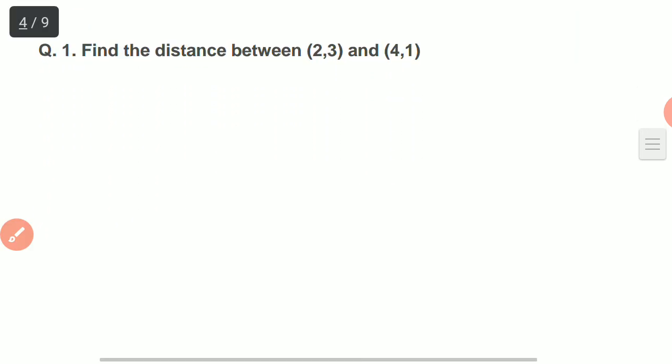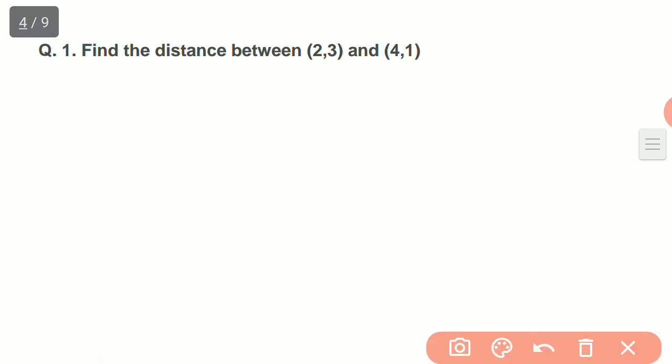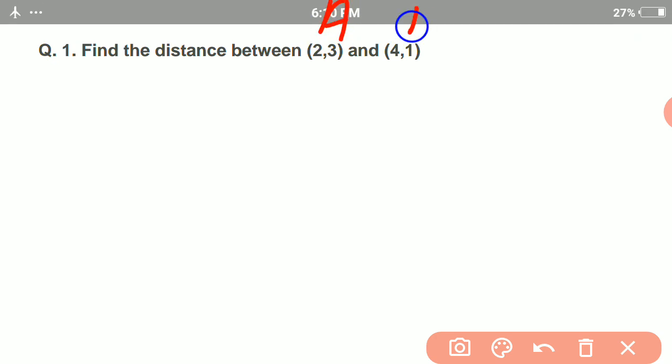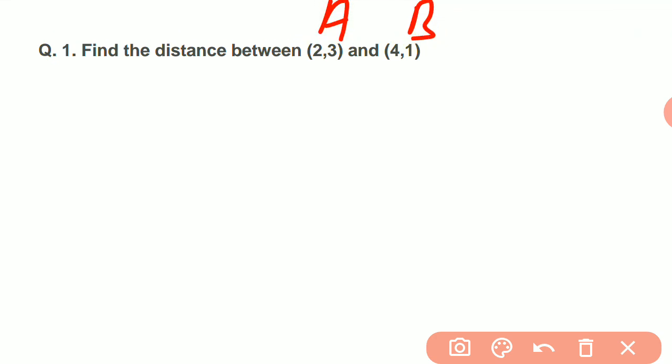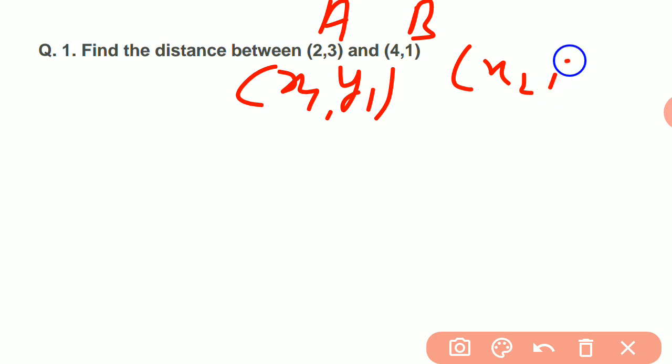Now let's take a question to find the distance between these 2 points. Suppose this point is A and this point is B. The coordinate of A is x1 y1 and the coordinate of B is x2 y2.